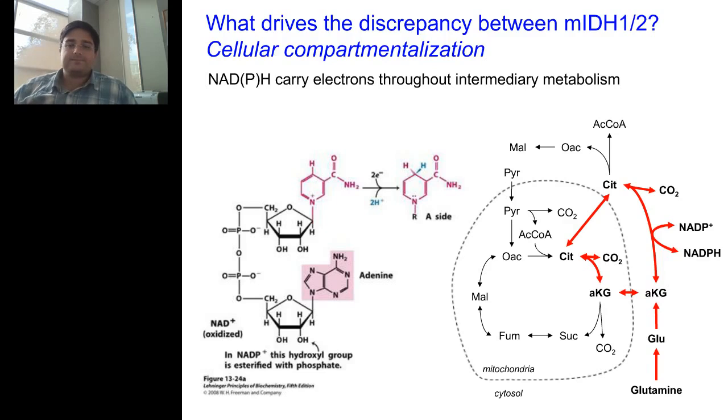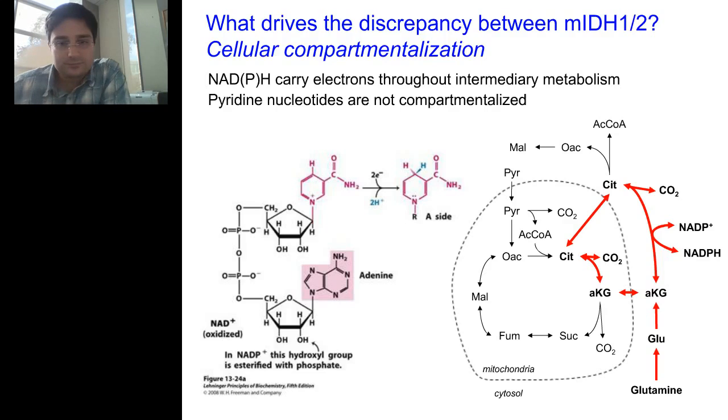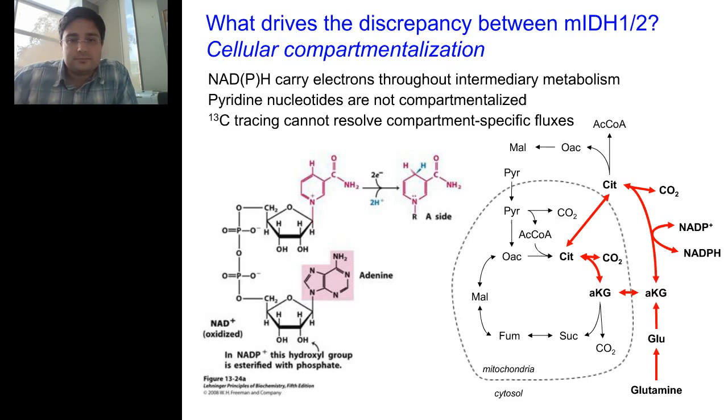Now, there's a typo here, but pyridine nucleotides are compartmentalized, and they don't cross over into the matrix. And one issue we have is that 13C tracing is unable to resolve compartment-specific fluxes.